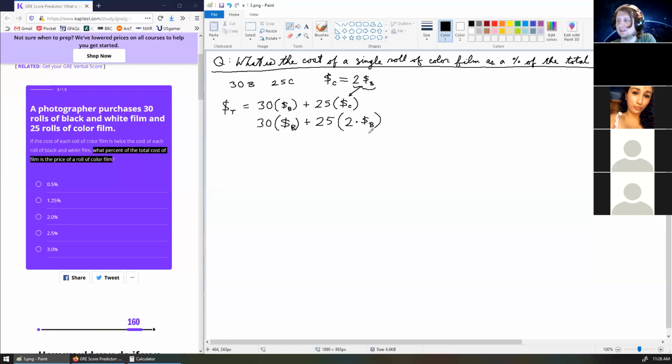Okay. So what I've done is I've just gotten rid of one of the two variables and replaced it with the same variable. And everyone saw how I did that. Substitution, right?